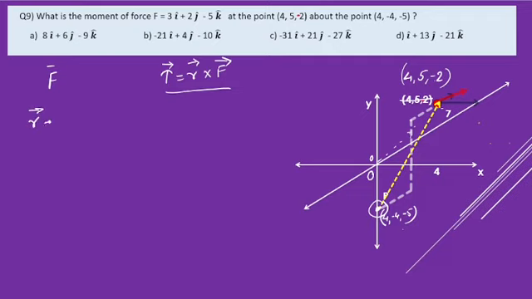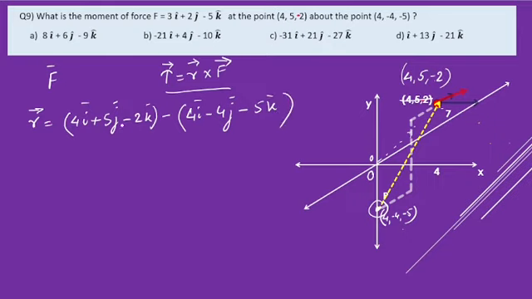The position vector is the point of application, 4i plus 5j minus 2k, minus the point it will rotate around, 4i minus 4j minus 5k. This will give the position vector.